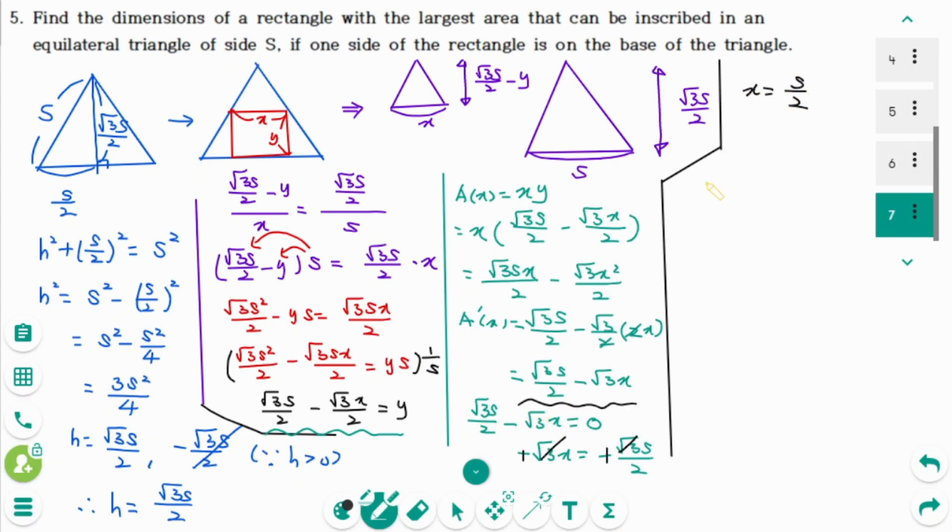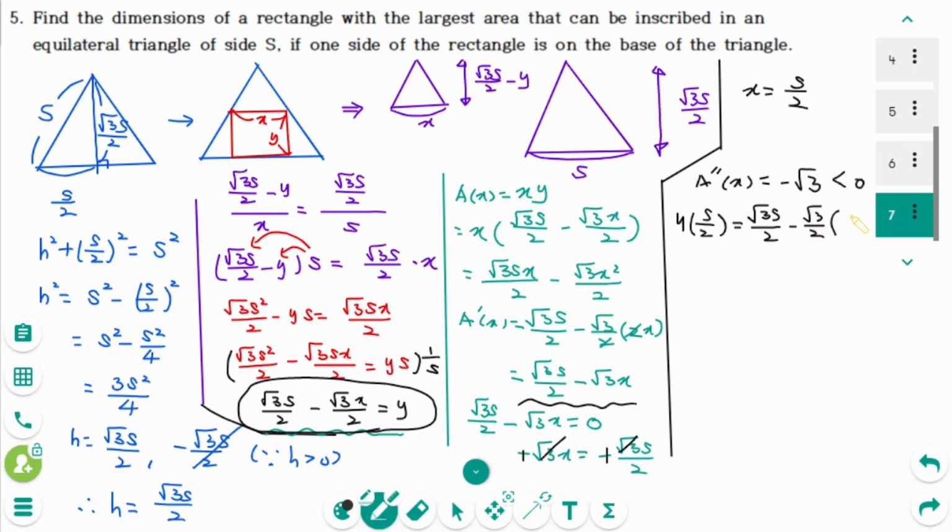From this, A second prime of x equals minus square root of 3, which is always less than 0. So A is concave downward for all x. By the second derivative test, A has an absolute maximum at x equals s over 2. Now y. When x equals s over 2, then y of s over 2 equals square root of 3 s over 2 minus square root of 3 over 2 times x, where x is s over 2.